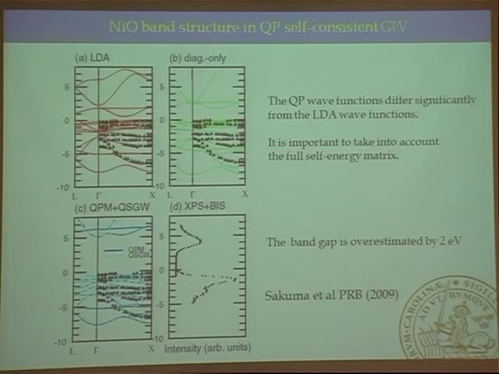For the triangles in your graph, are they experiments, I guess? Yes, these are experiments. What kind of experiments? That is photoemission by the Shen group in Stanford. You can see that in the experiment only the oxygen p band has a well-defined dispersion.